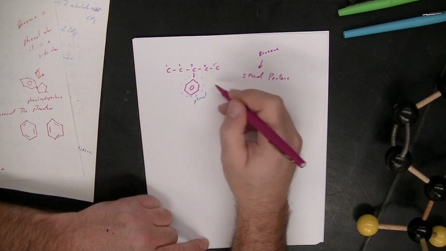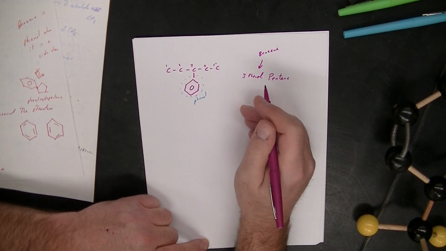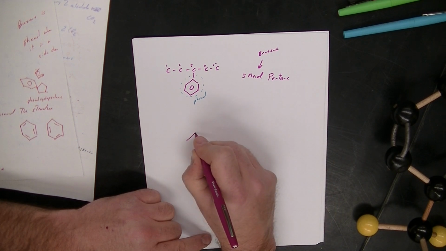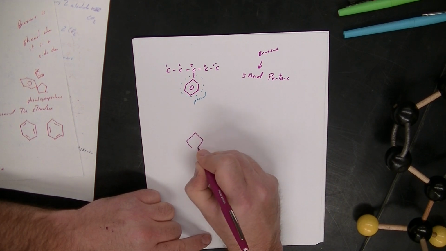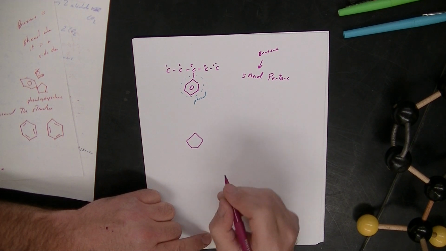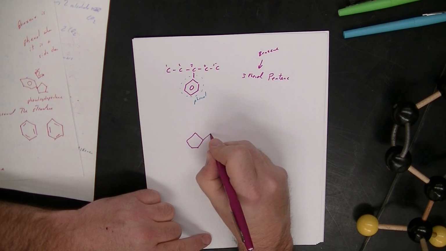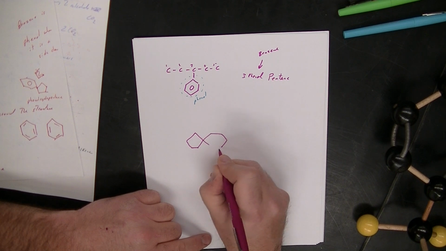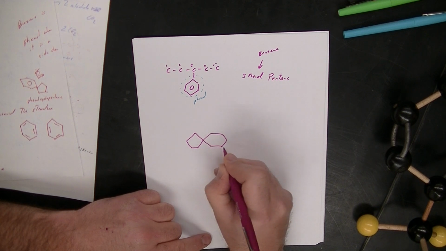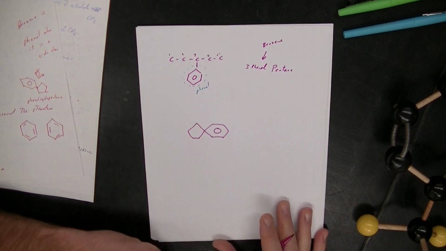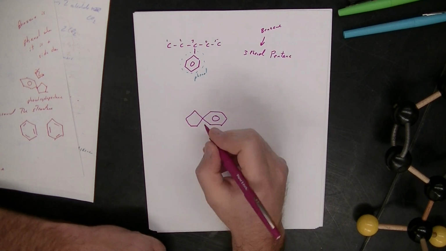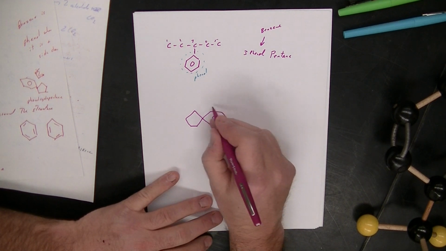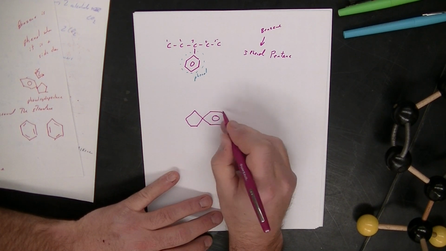Now, we can have benzene coming off a cycloalkane. So we could have something like this. This is a cycloalkane, and this is a phenyl group or a benzene ring.